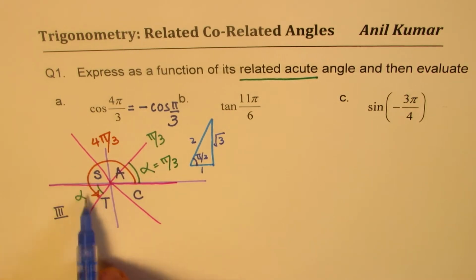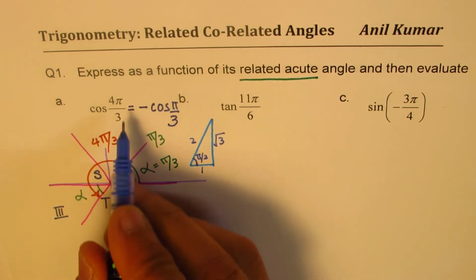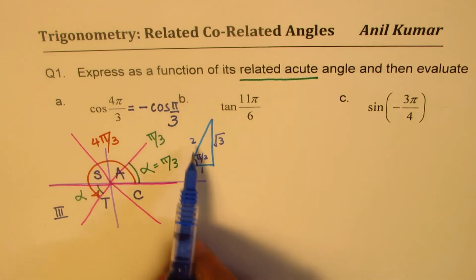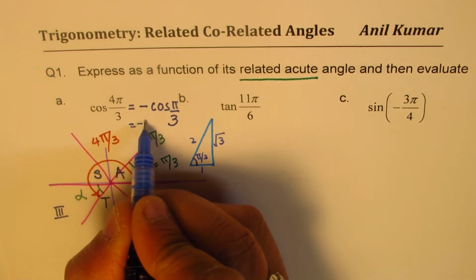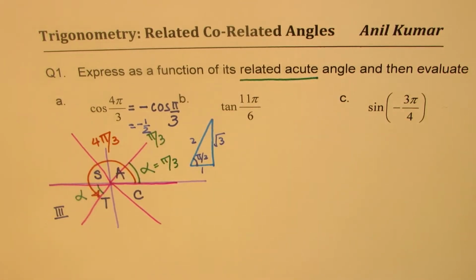You should know this rule, in which quadrant what is positive. Then you can easily solve all these questions. So let's write down the answer. Cos of pi by 3 is 1 over 2, so negative 1 over 2. So we get this value as negative half. Is that clear? So that is how we are going to solve it. Now let's again use the same concept and solve tan 11 pi by 6.